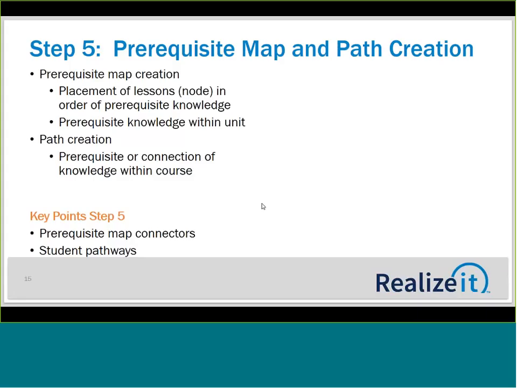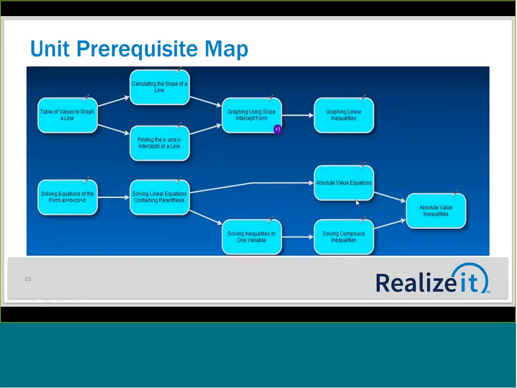So we do what's known as a prerequisite map, and I think it's best if I show you what I'm talking about. So I'm simply going to go to the next screen. This is from that college algebra course that we started out with, all of those topics, Unit 1, Unit 2, all of those topics. This is Unit 2 from that same class, which you saw 25 minutes ago in a very text form.